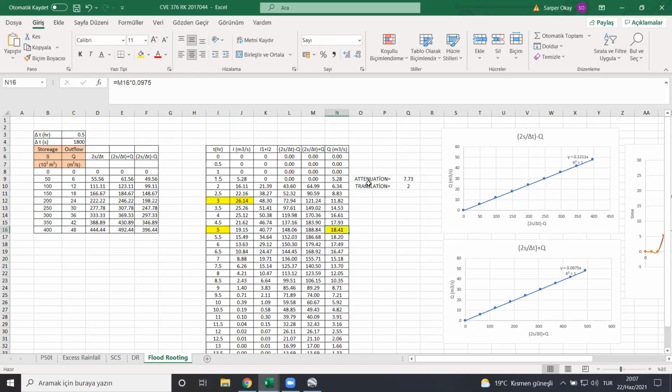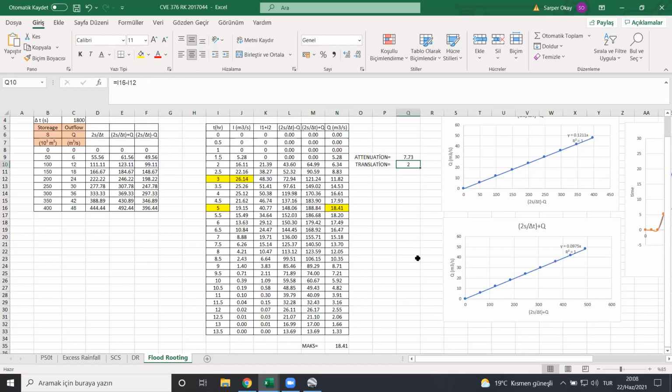So attenuation means the difference between the maximum inflow and the maximum outflow, and the translation means the time difference between the Imax and Qmax. So you'll calculate attenuation and translation, and that will be the end of your Excel process. Then you need to write the report.